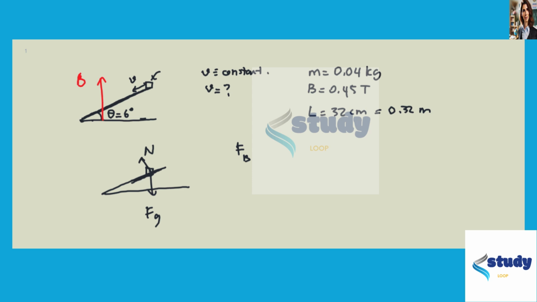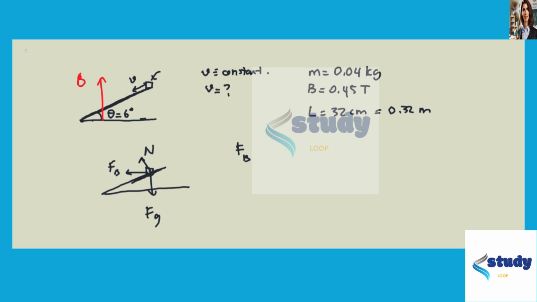Now, if the velocity of this bar as it slides down is constant, could the magnetic force be to the left? No, because if that were the case, the velocity would be increasing with respect to time.